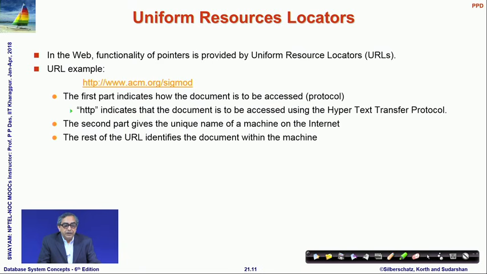The second component in this URL, which is between the two slashes and the next slash, www.acm.org, uniquely identifies a machine on the internet.